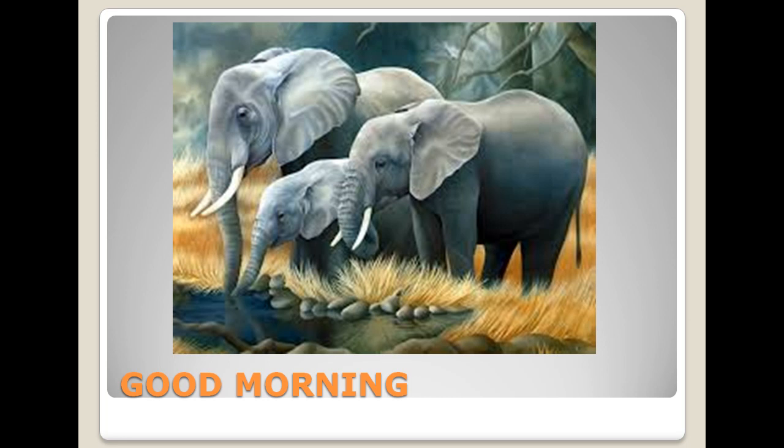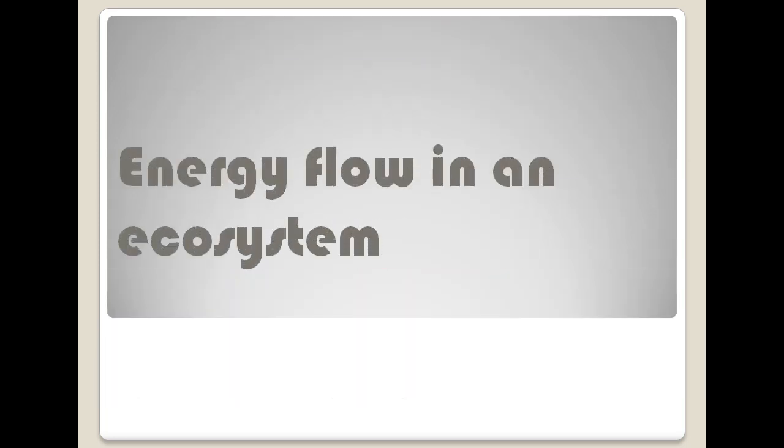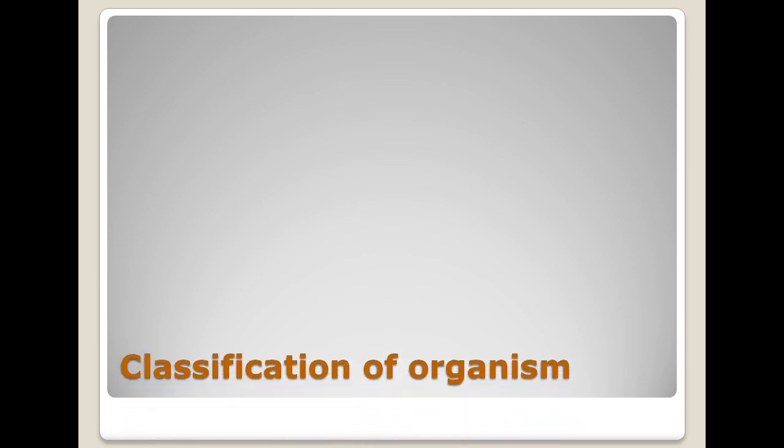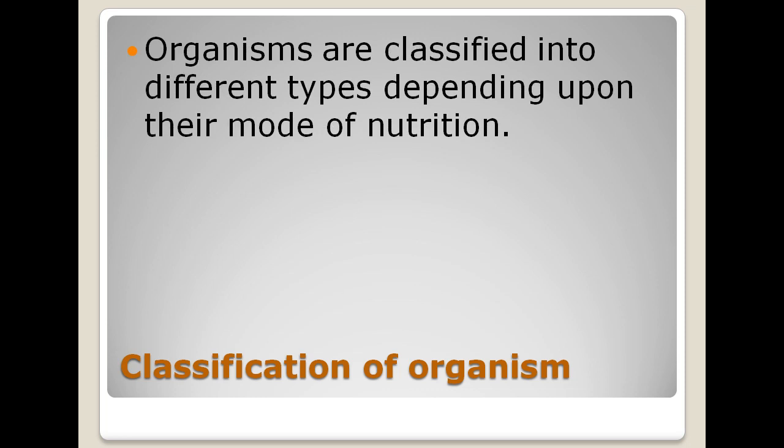With this, we are starting with the new topic: energy flow in an ecosystem. Let us see first how the organisms are classified in our ecosystem. Organisms are classified into different types depending upon their mode of nutrition.